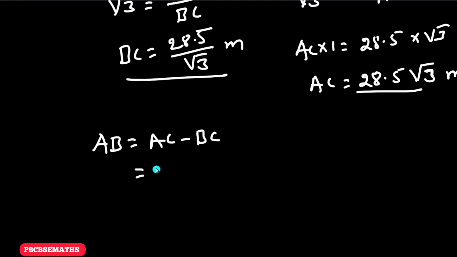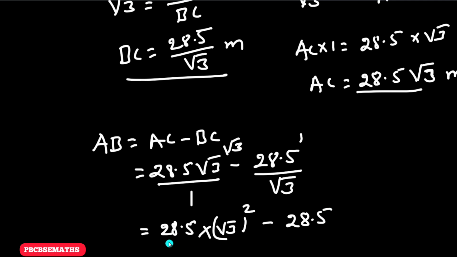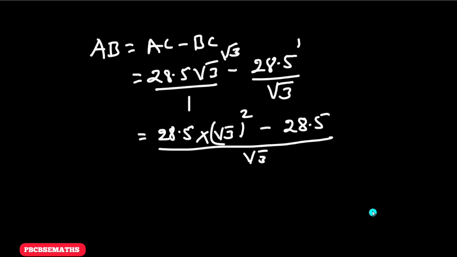The length of AC is 28.5 root 3, minus the length of BC, which is 28.5 divided by root 3 meters. Let's find the LCM of 1 and root 3, which is root 3. So we get 28.5 into root 3 whole square, minus 28.5, whole divided by that LCM root 3.